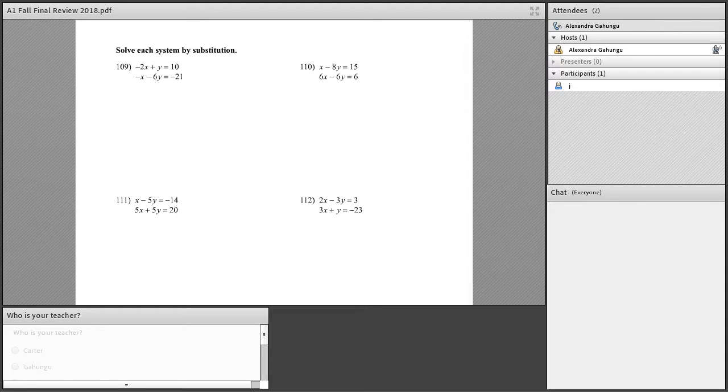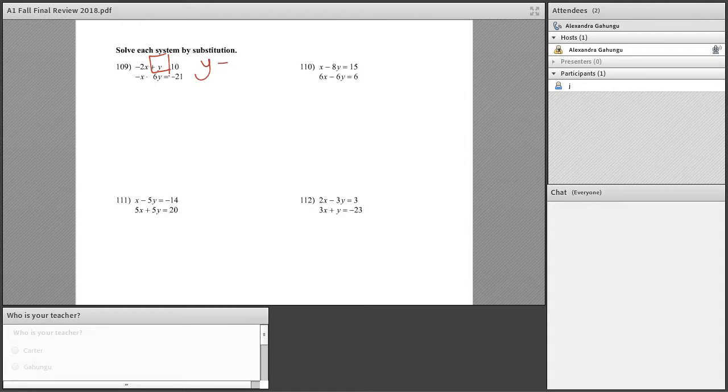Solve by substitution. I honestly, with substitution, you look for the variable that is by itself already and has a positive 1 coefficient. So I see y right there has a positive 1 coefficient.